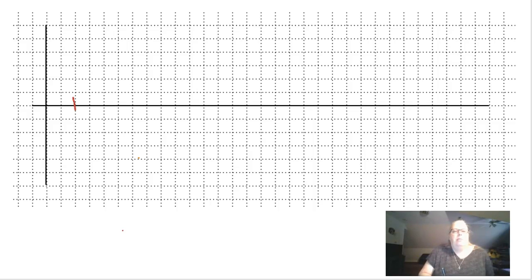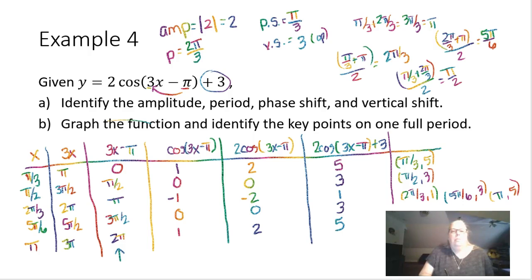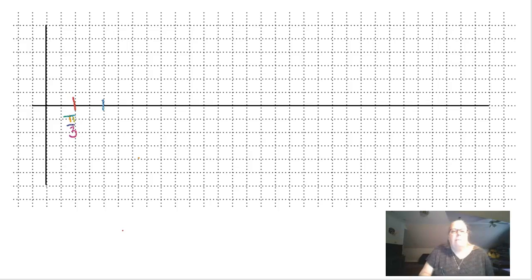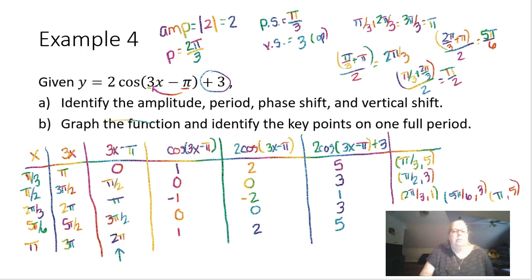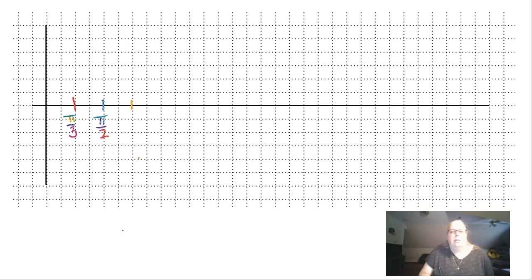So we'll put pi over 3 right here. And then we'll have pi over 2 right here. And then two pi over 3 right here.